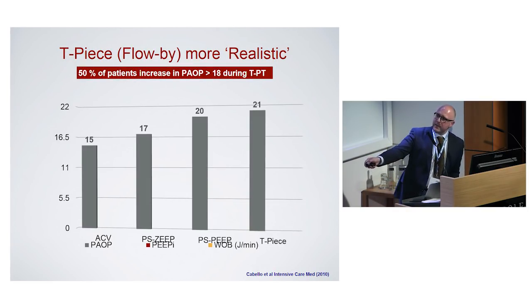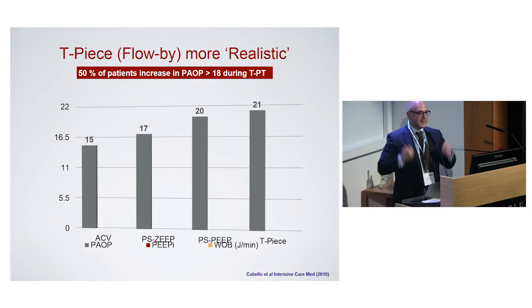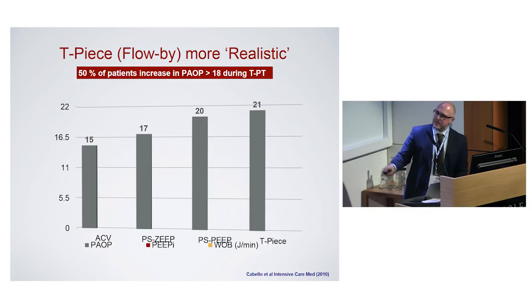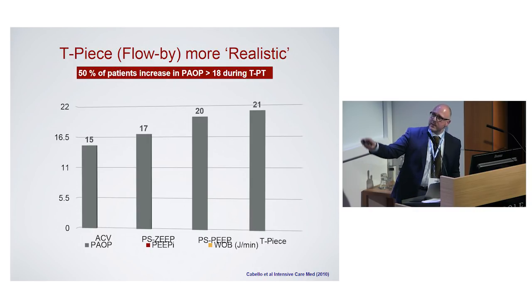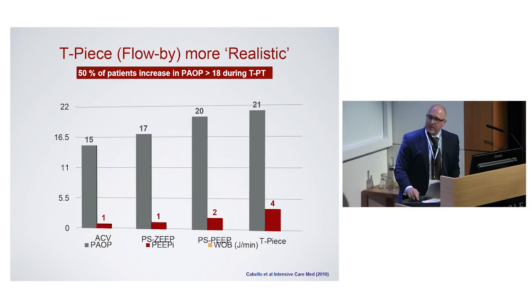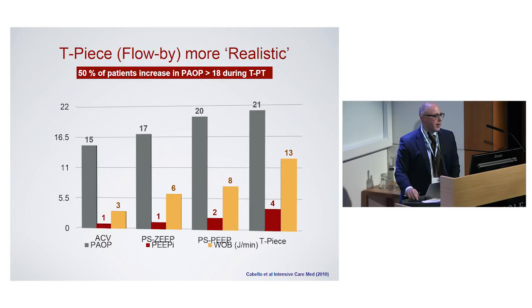So first of all, you can see that the PAOP, if we make it easy for the patient, you remember this morning, Salvatore Grasso was talking about the deep inspiratory pressures that some patients might need to take. This will affect the pulmonary artery occlusion pressure, and this will go up. The greater the effort, the greater the PAOP. The intrinsic PEEP will go up as well, and the work of breathing will go up.